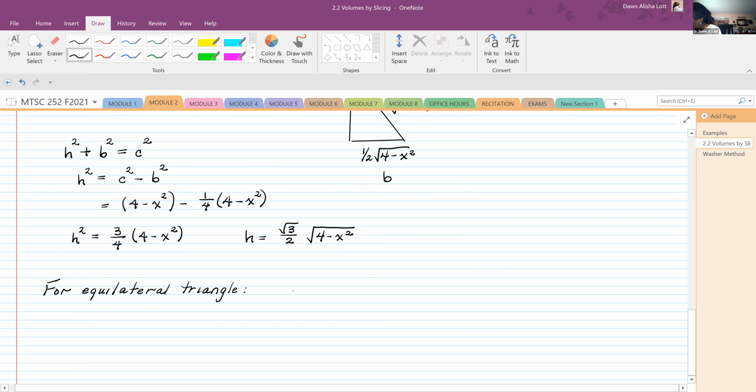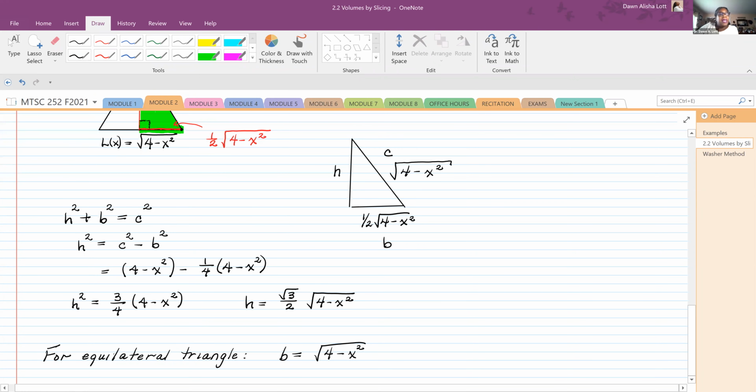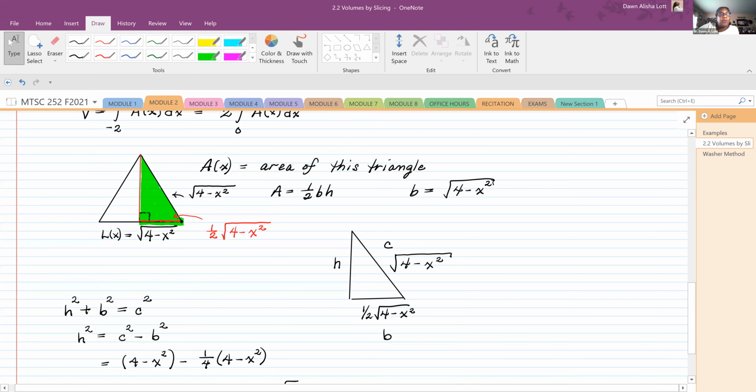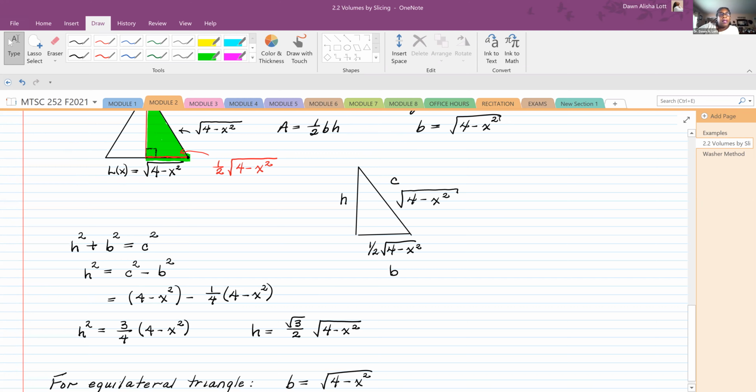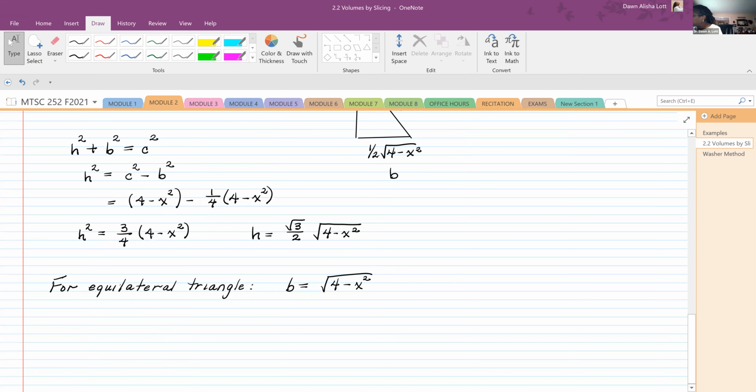The base was the square root of 4 minus x squared. We said that because that's the whole base. 4 minus x squared, that's L, the leg L. And then the height is now the square root of 3 over 2 times the square root of 4 minus x squared.